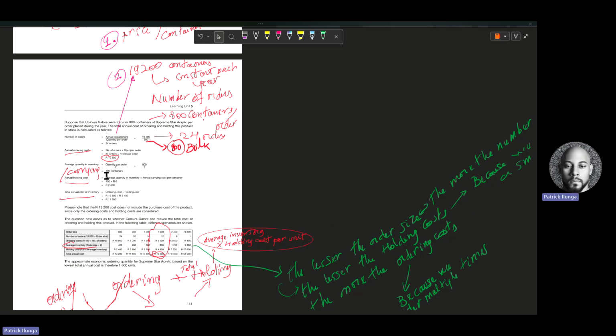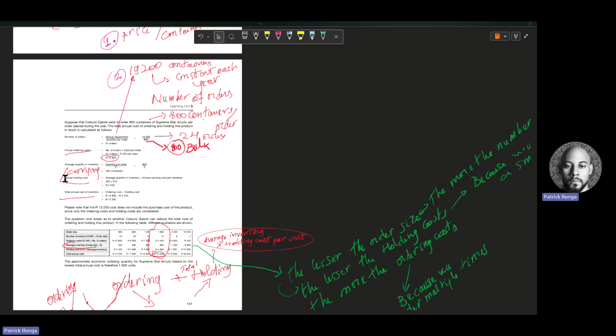So we will take the quantity per order. For every time we order, how many do we order? 800. What is the average? 800 divided by 2. What is the average? 400 containers. So 400 containers is an average, right? So it's the average quantity in inventory.